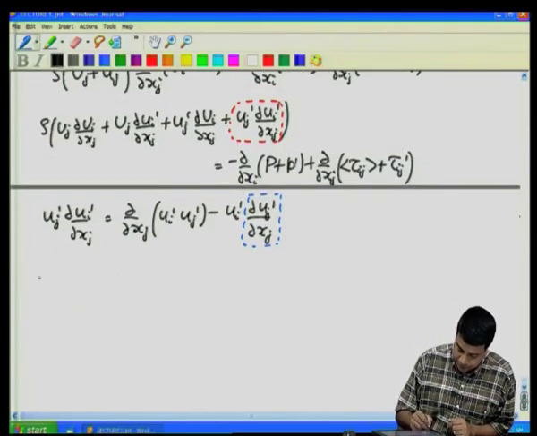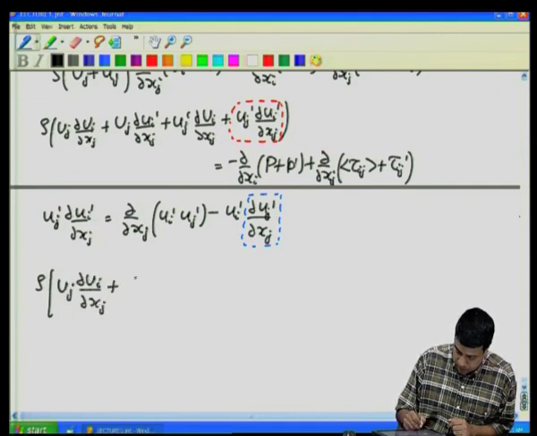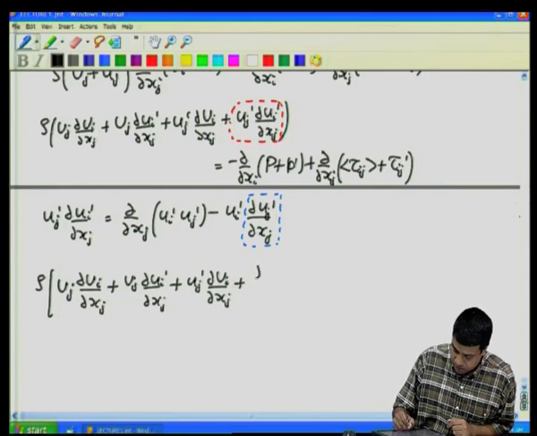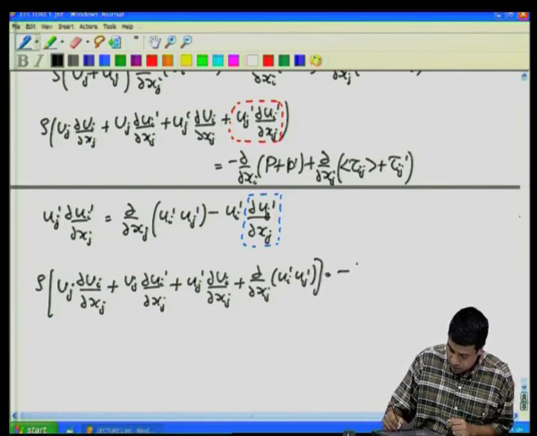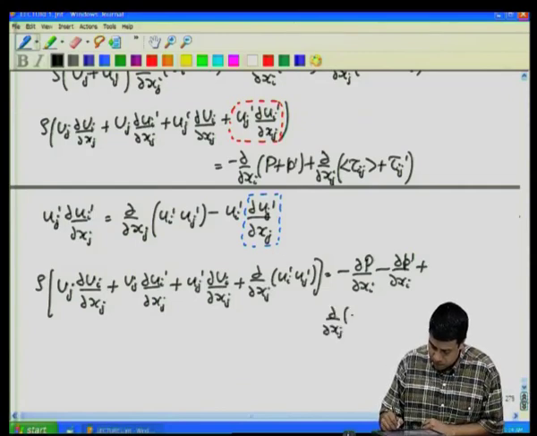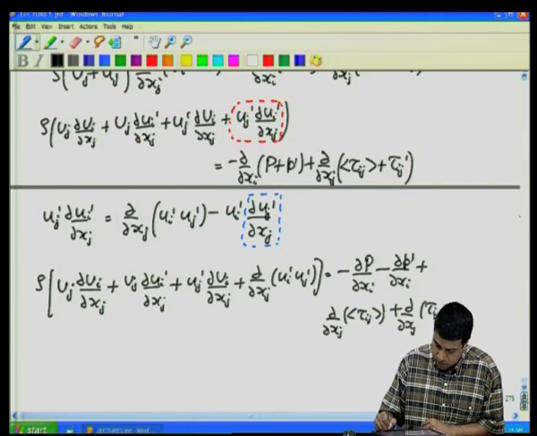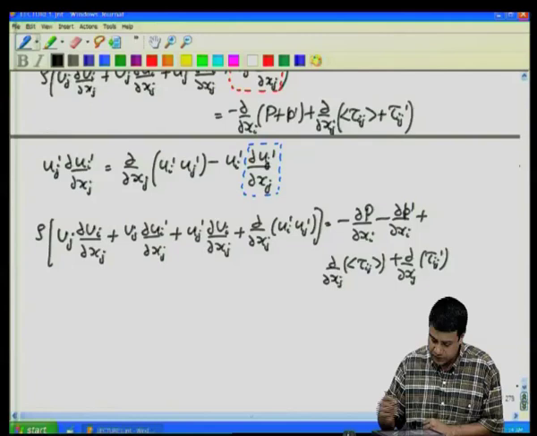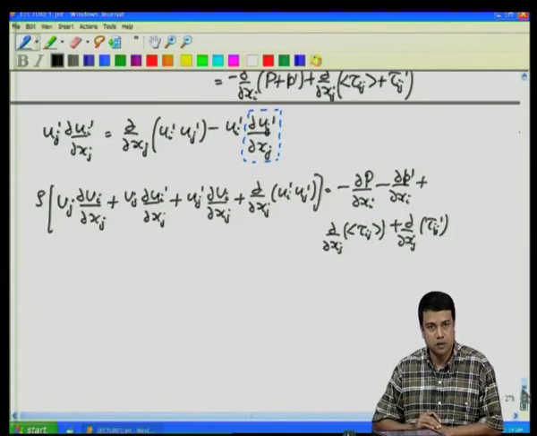So, my equation becomes... so that becomes my equation for the momentum conservation equation.